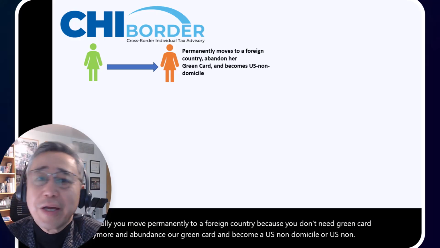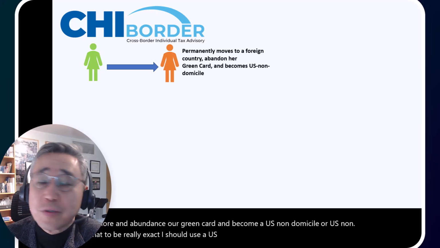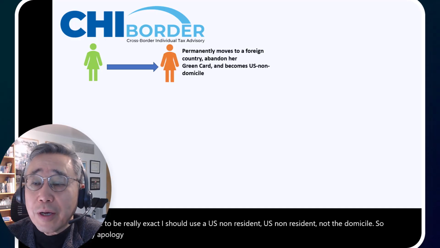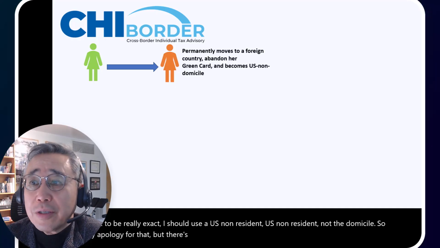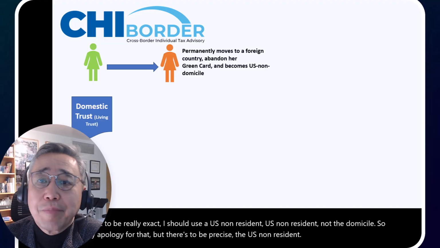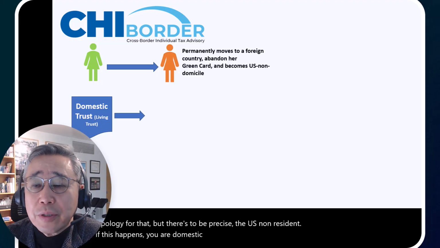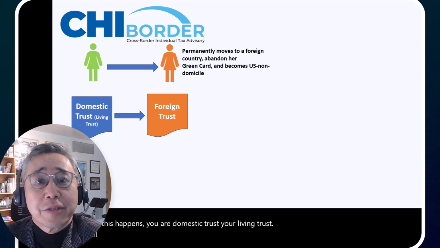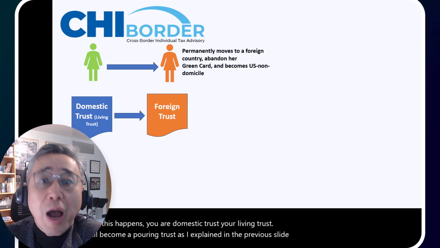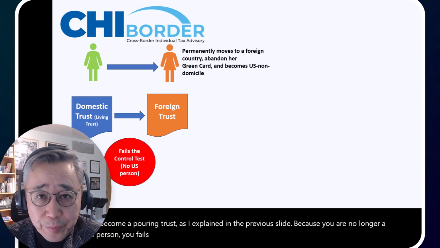Well, to be really exact, U.S. non-resident, not the domicile. My apology for that, but to be precise, it's a U.S. non-resident. If this happens, your domestic trust, your living trust, will become a foreign trust, as I explained in the previous slide, because you are no longer a US person, you fail the control test.